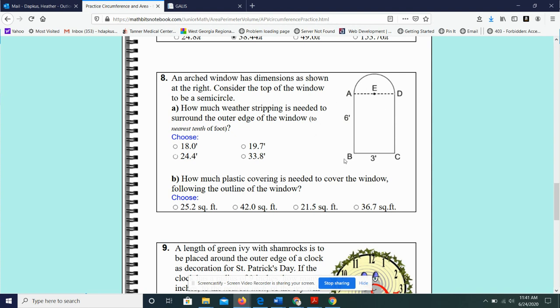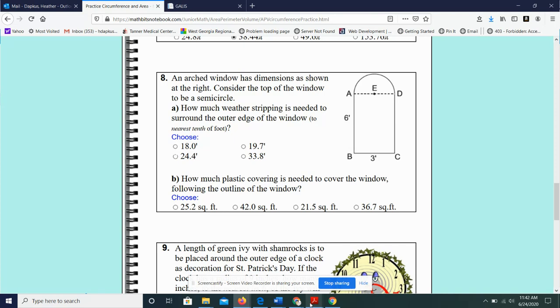This is supposed to be an arched window that has these dimensions, 6 and 3 are these sides right here. So they say to consider this top of the window is a semicircle, so that means half a circle. How much weather stripping do we need to go around the edge of the window? So the edge means we're doing the perimeter of this rectangle and then the circumference of the semicircle.